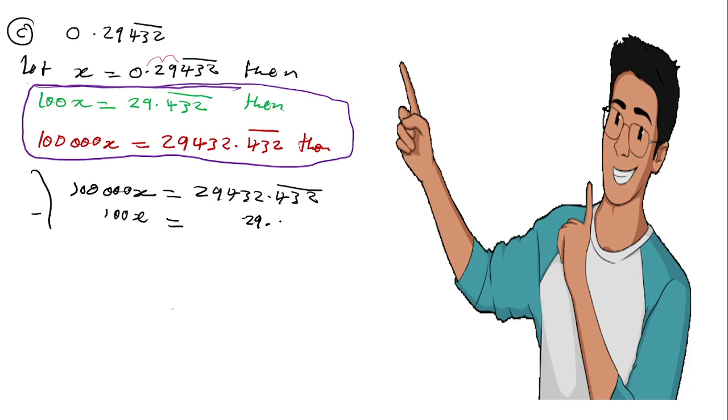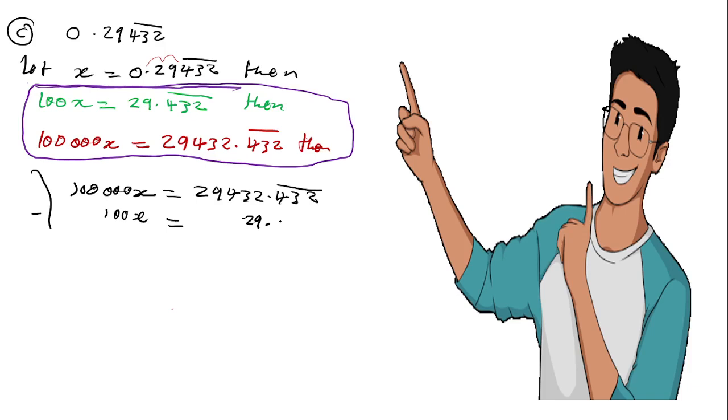When you subtract these 2, this is what you are going to have. 100,000x minus 100x is going to give you 99,900x. So 99,900x is equal to this figure minus that figure, which is going to give you 29403.